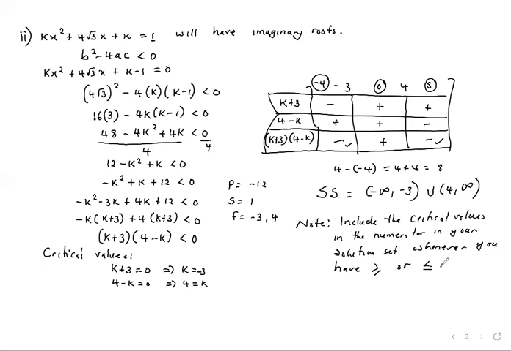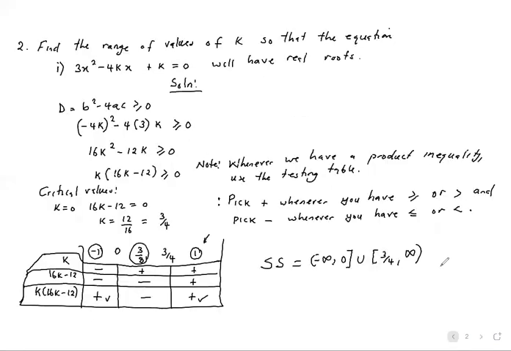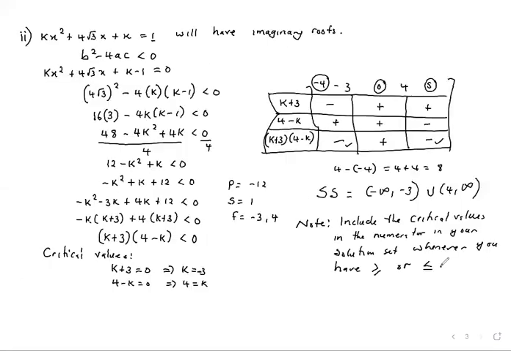That's why you've seen that here we haven't included them, and there we did include them. So we had greater or equal to, here we only had less, so we couldn't include.